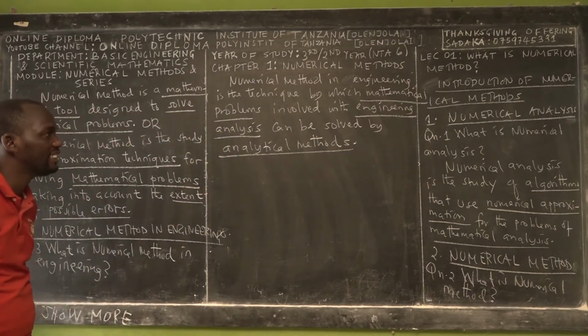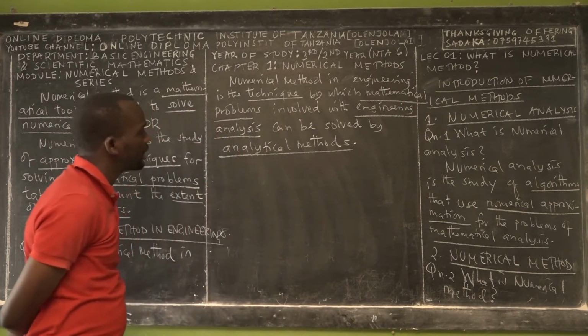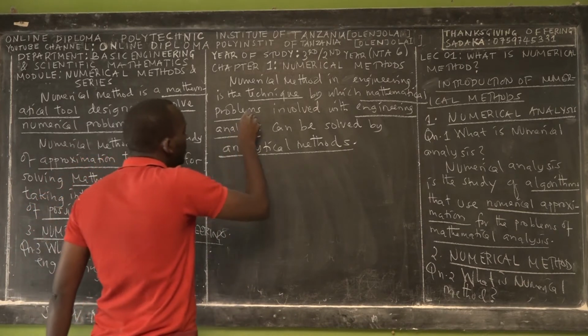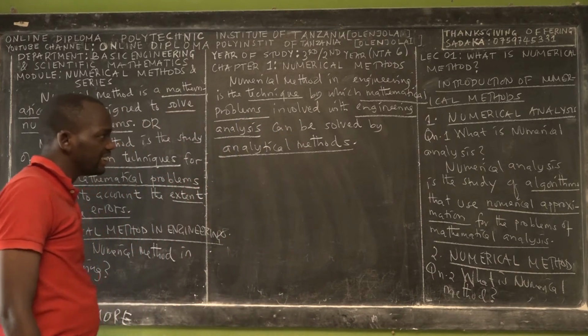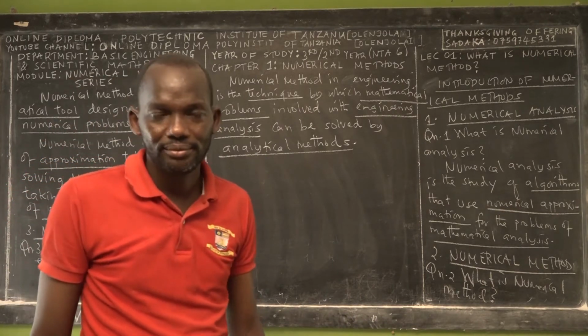So numerical method in engineering is a technique by which mathematical problems involved with engineering analysis can be solved by analytical methods.